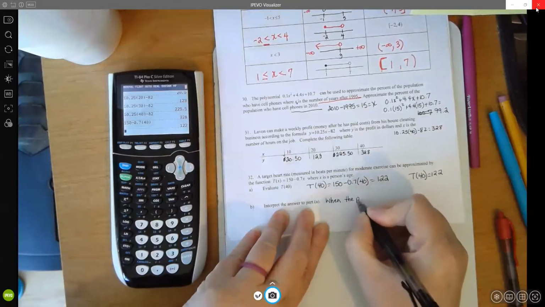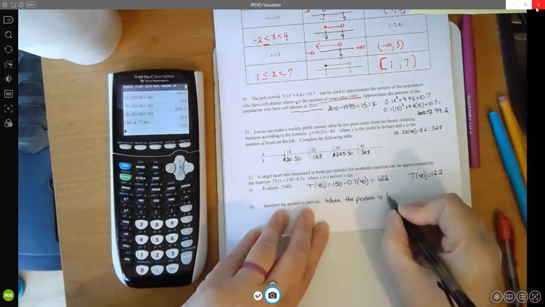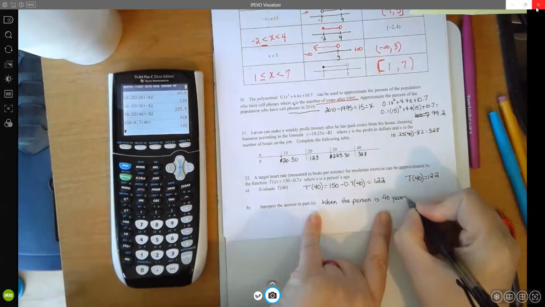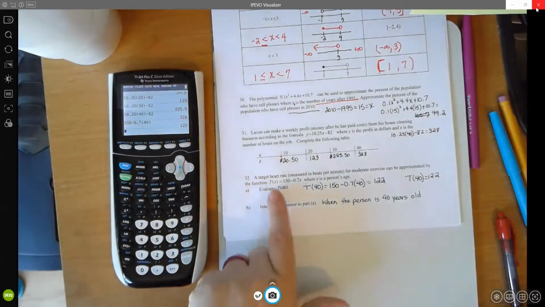the person is 40 years old, then what does the T tell us?